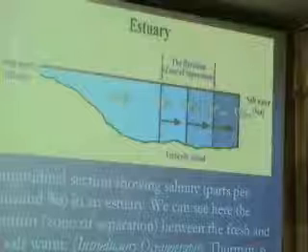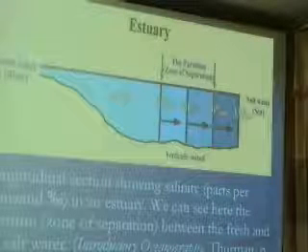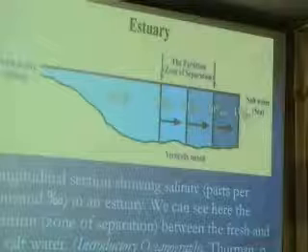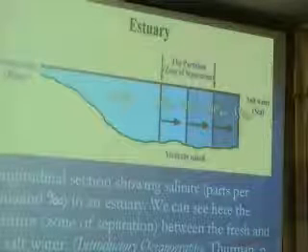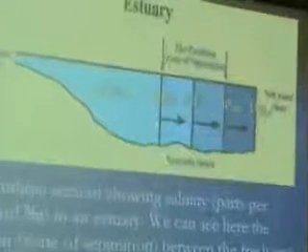Once the river empties its water into the sea, the salinity level changes. It increases from the side of the river to the side of the sea. See? 10, 20, 30, and this is the level of salinity in the sea, which is 33.